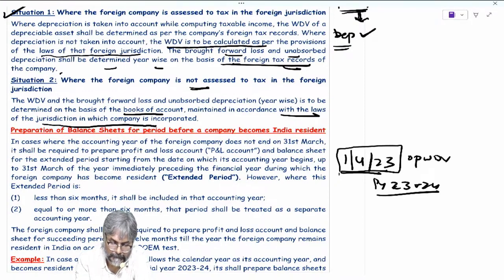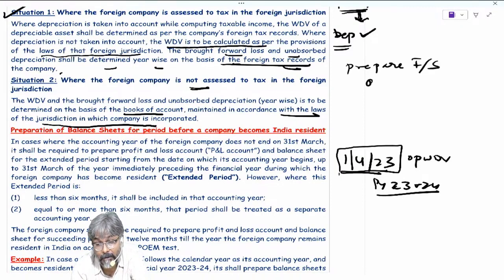Now, students, if you see above, in this context, many countries, are you aware of it? They prepare the financial statement on the basis of calendar year. Are you aware of it or not? Calendar year basis.